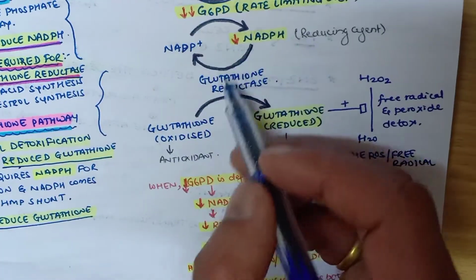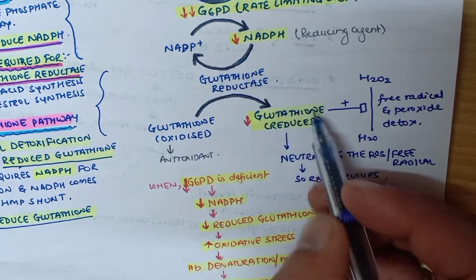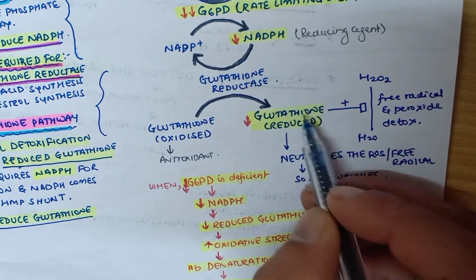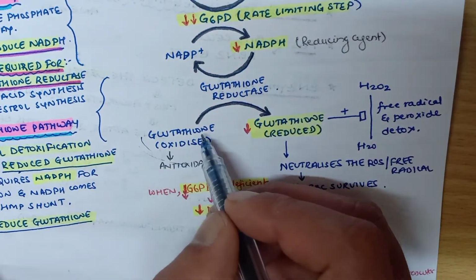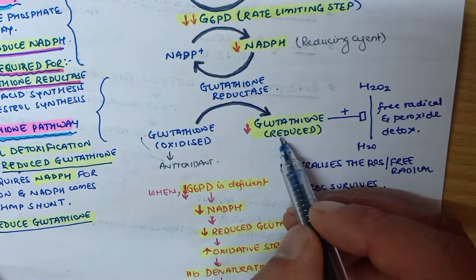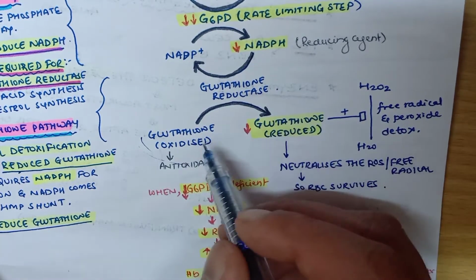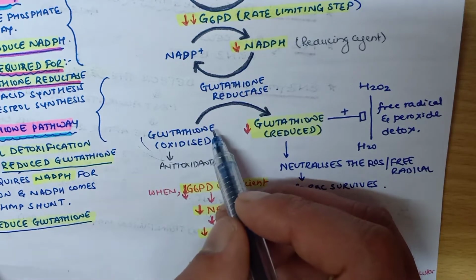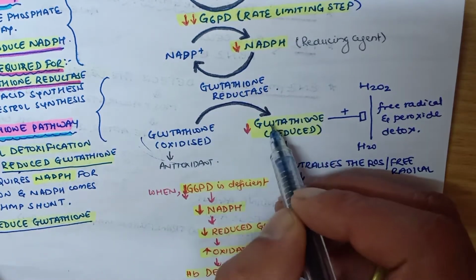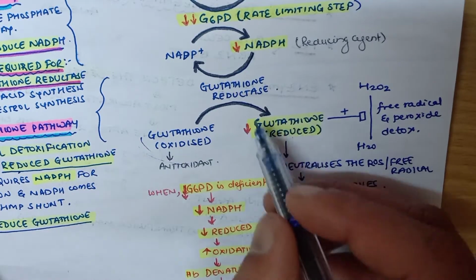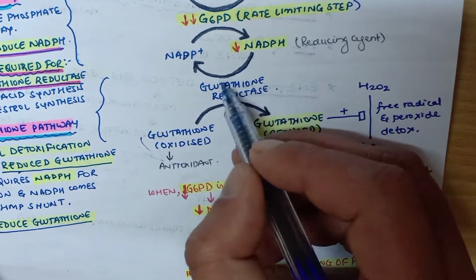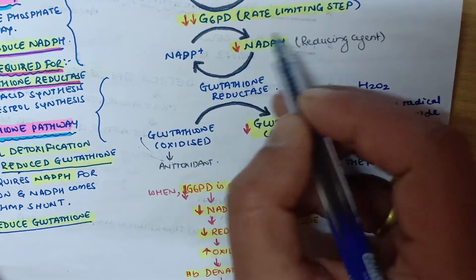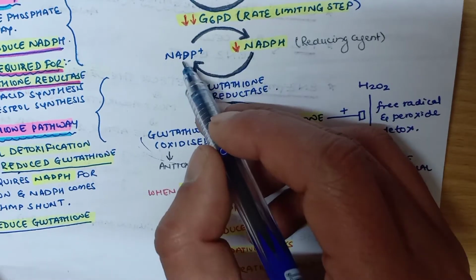Now we'll go to the glutathione pathway. In this pathway, reduced glutathione has to be produced in order to detoxify the free radical. The oxidized form of glutathione is converted into the reduced form of glutathione in the presence of glutathione reductase, where glutathione reductase will convert NADPH back to NADP plus.